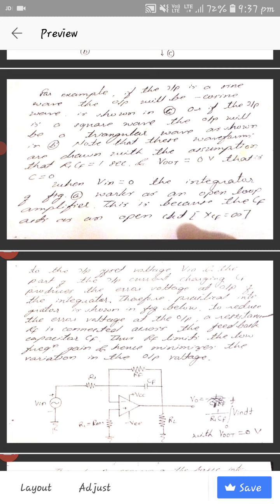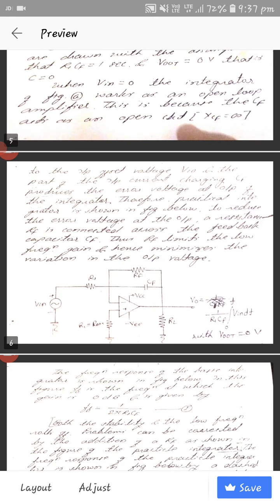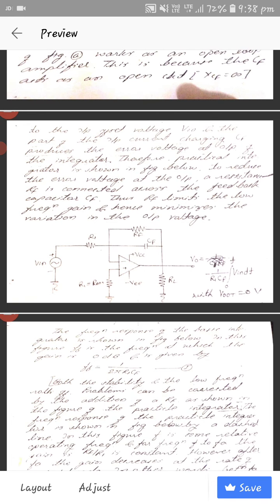works as an open loop amplifier. This is because CF acts as an open circuit. The feedback capacitor acts as an open circuit, that means XCF is equal to infinity. That means an open circuit to the input offset voltage Vo.